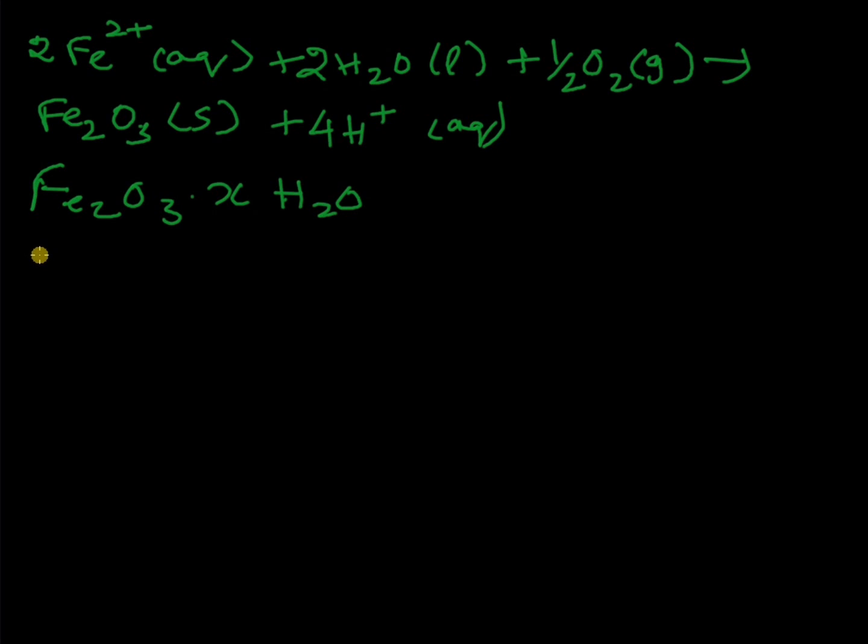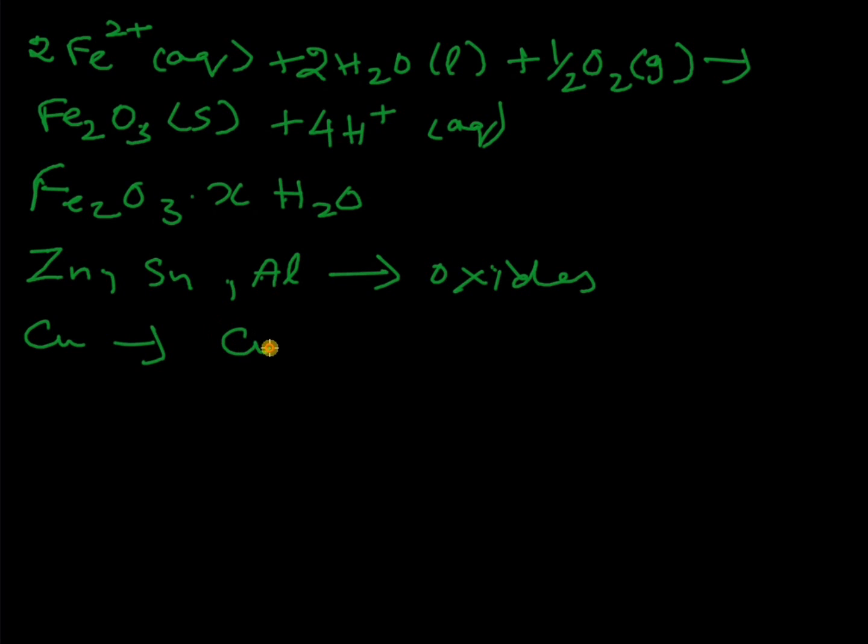Other metals like zinc, tin and aluminium also form their oxides, and if you have seen copper vessels, they are coated with a green layer, isn't it? That is Cu(OH)2·CuCO3.